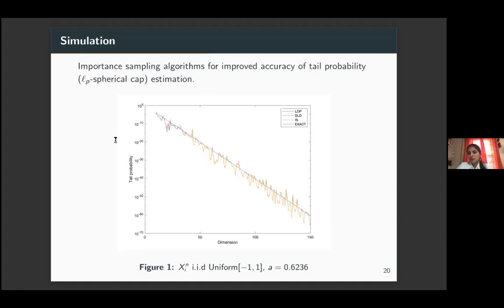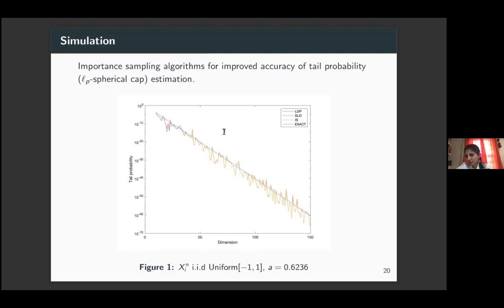But you can use what are called importance sampling algorithms with this change of measure to compute this. The blue line here is what the large deviation principle rate tells me the probability is. The red line, which is on top of the others so you can't really see it, is what the sharp large deviation estimate tells me.